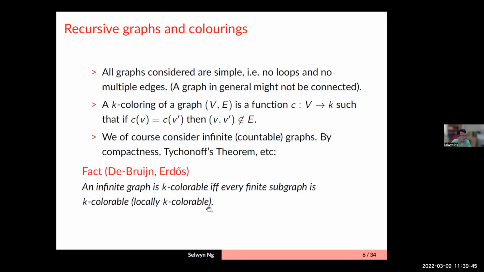it's easy to show the following theorem, which was actually proved by Erdős and de Bruijn: an infinite graph is k-colorable if and only if every finite subgraph is k-colorable. So we're going to call this latter property locally k-colorable.